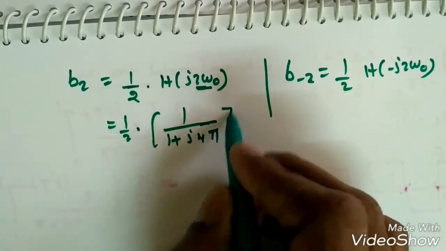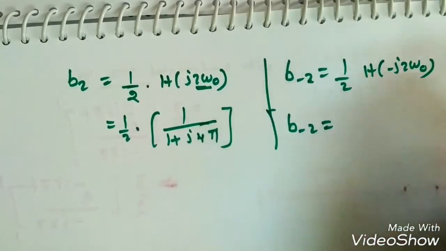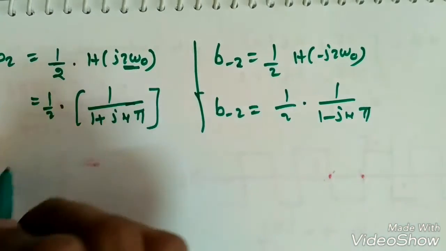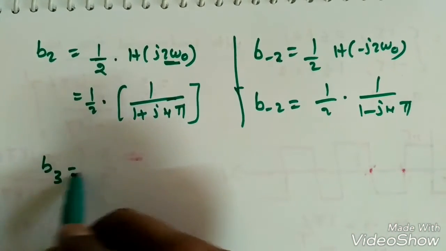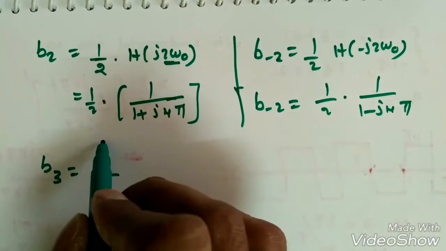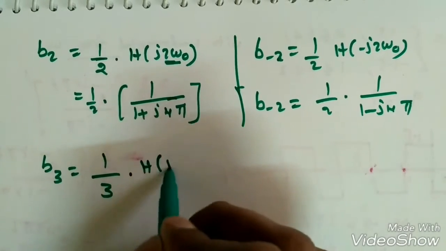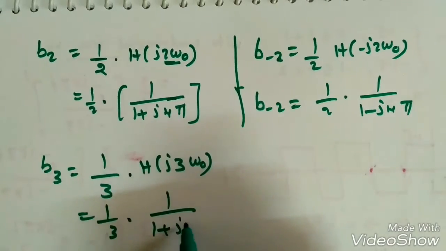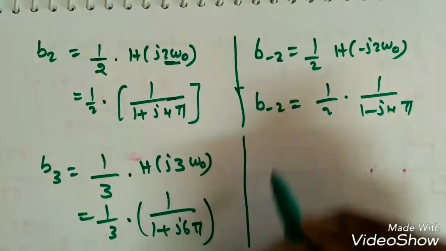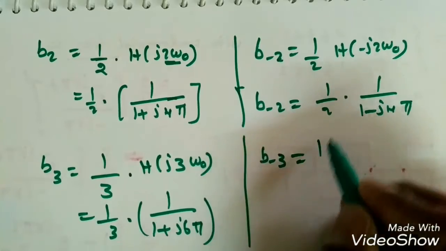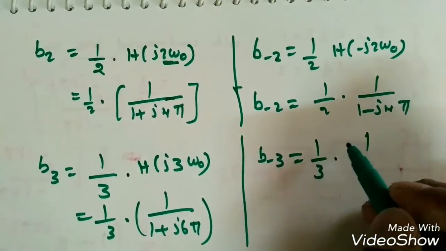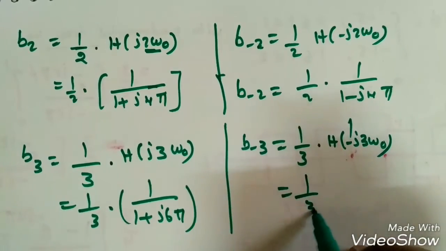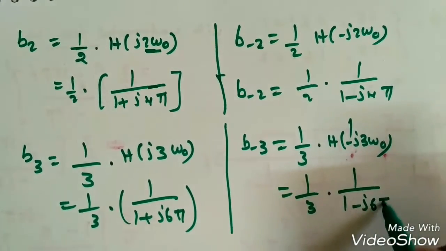So it will become j 4 pi. So b minus 2 will be the same, 1 by 2 into 1 by 1 minus j 4 pi. Similarly, b3: a3 is given as 1 by 3 into H of j 3 omega naught. So 1 by 3 into 1 by 1 plus j 6 pi. Right? Similarly, b minus 3, a3 is given as 1 by 3, so it will become H of minus j 3 omega naught, so 1 by 3 into 1 by 1 minus j 6 pi.